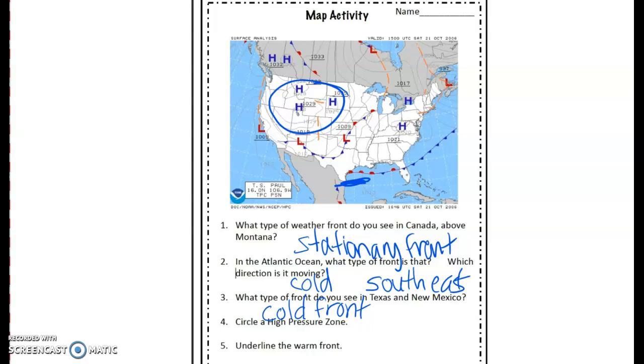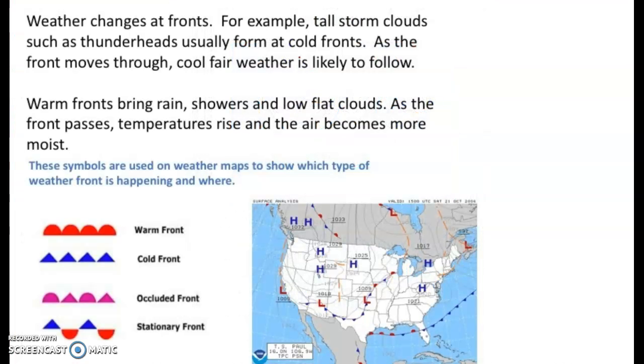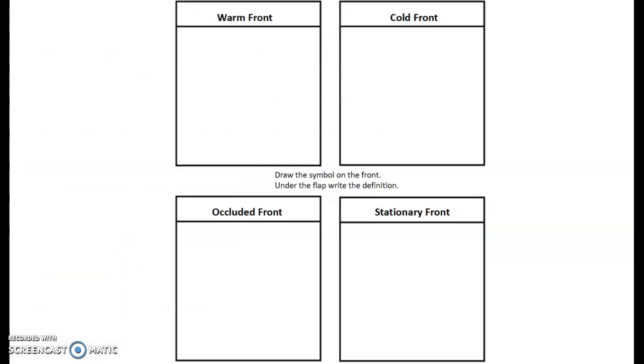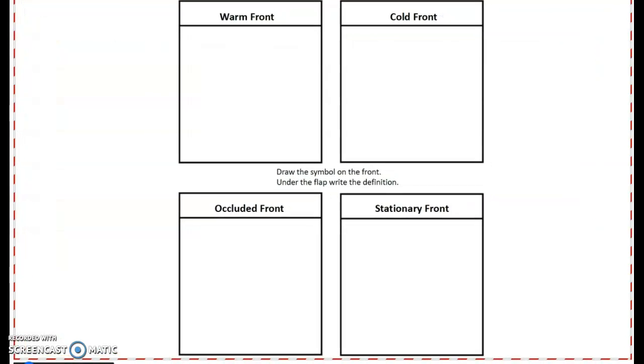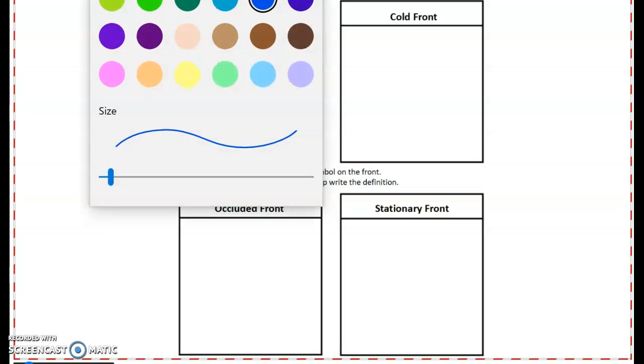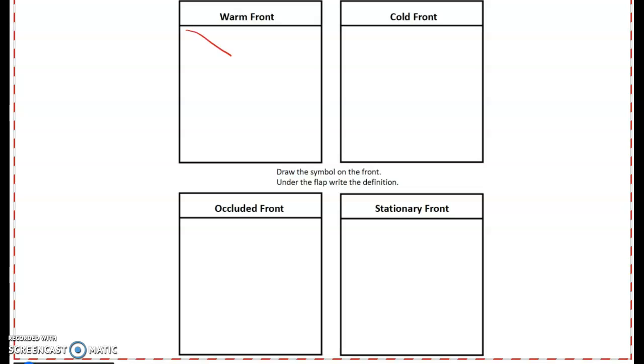Okay, so now we are going to draw some fronts. So you need this sheet now. We're going to draw what it looks like, so if you have some markers, that would be really good. I'm going to change mine to red because a warm front is generally red and it has these half circles on it.